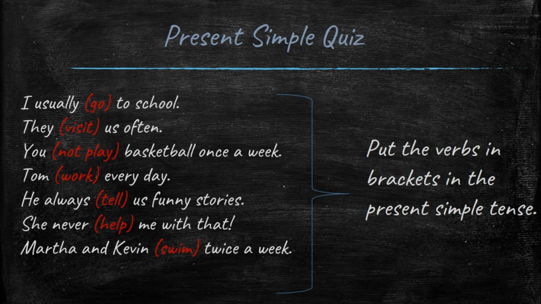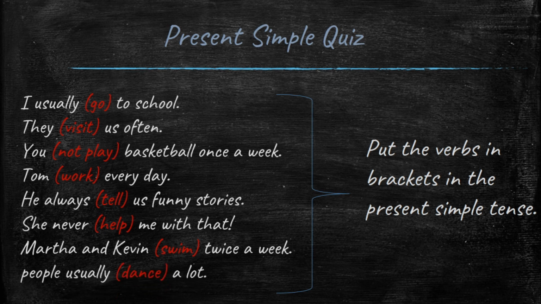So Martha and Kevin, or they swim twice a week. We use the base form of the verb because the subject, Martha and Kevin, is plural. That's why we use the base form of the verb.